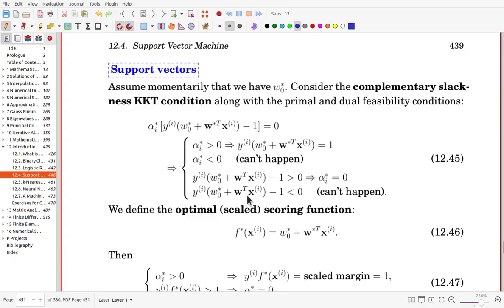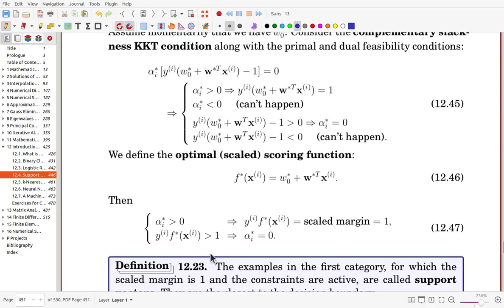And also the other case cannot happen. So we can have this one or this one. Now we define the optimal scoring function, and that is the net input score function. Now if alpha i is positive, then the value must be along with this one, so that must be 1.